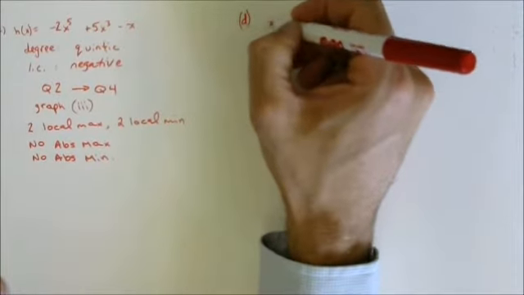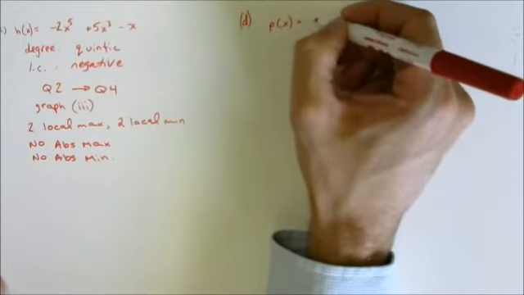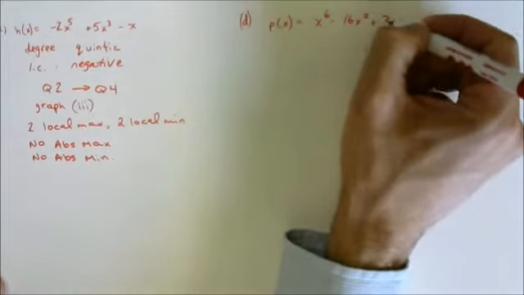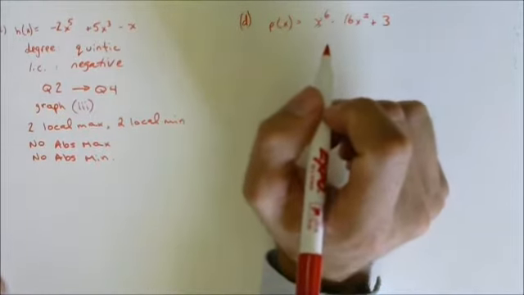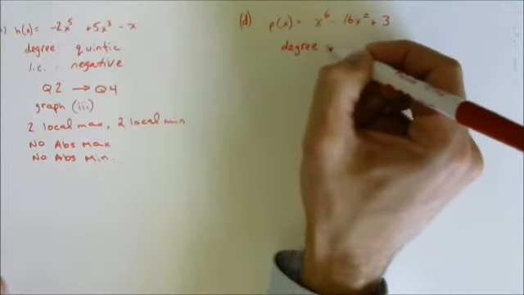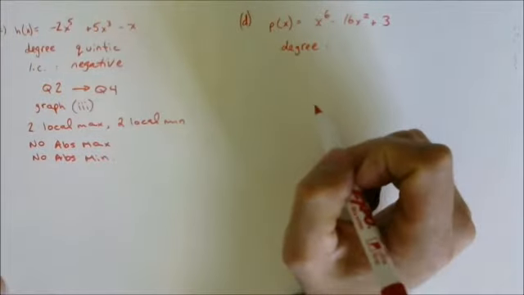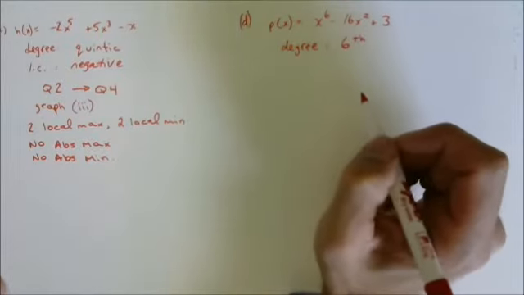Carry on. D. D is P of x equals x to the power of 6 minus 16x squared plus 3. What is the degree? Well, then just give the number. 6th degree, perfect.